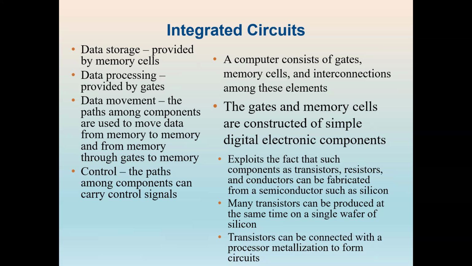Similarly, the memory cell will store the bit that is on its input lead when the write control signal is on, and also will place the bit that is in the cell on its output lead when the read control signal is on. Again, in the future, we may discuss more detail on logic gates.